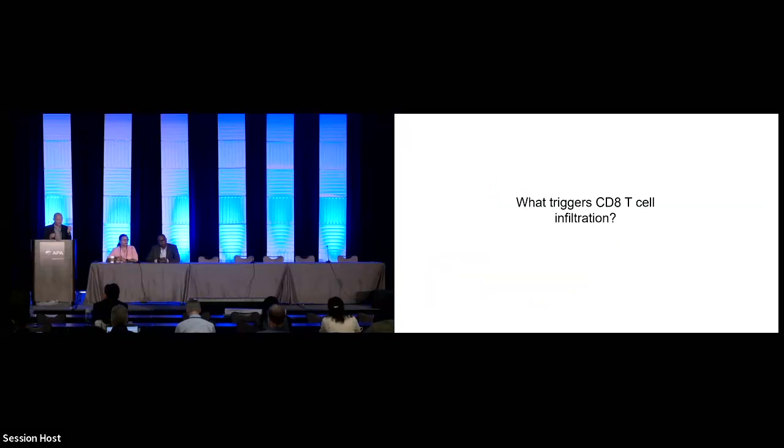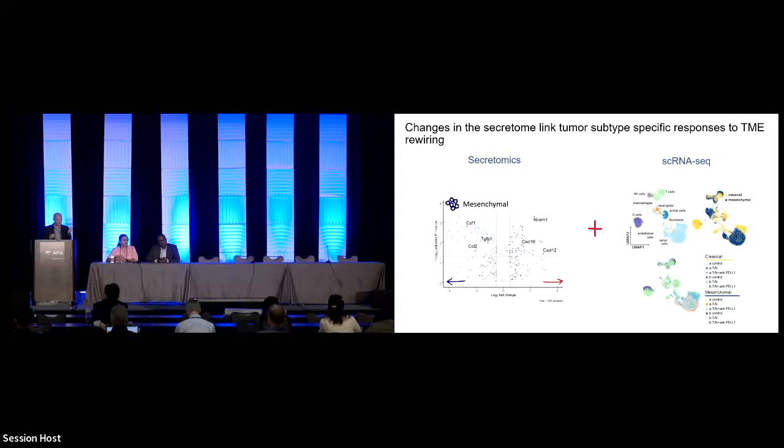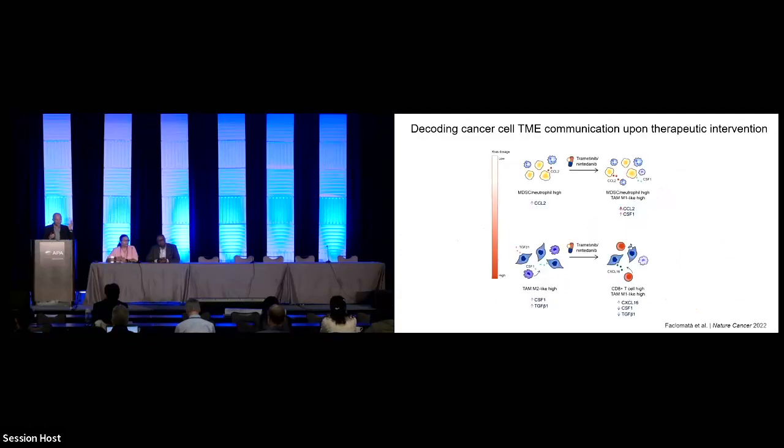And finally, what triggers this infiltration? We did secretomics and integrated it with single-cell RNA-seq. What we found is that in the classical subtypes, we do not see any effect of the therapy; we make this whole thing worse through the combination therapy.